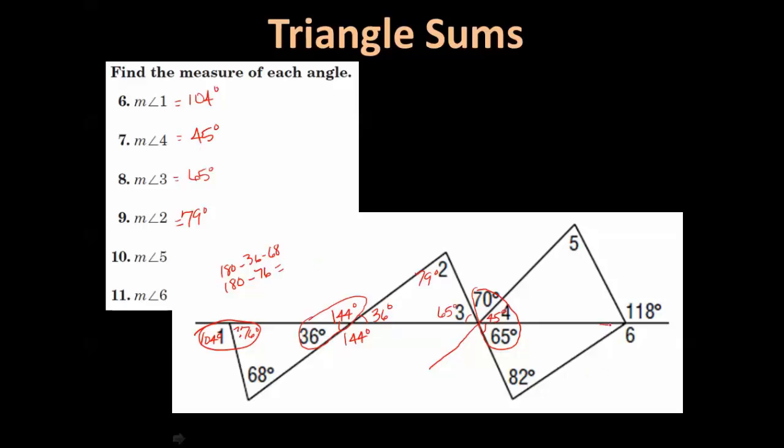And then if you look right here, these guys are a linear pair. So 180 minus 118 is 62. And then I can find angle 5 through the triangle sum theorem. 180 minus 62 minus 45 gives me 73.